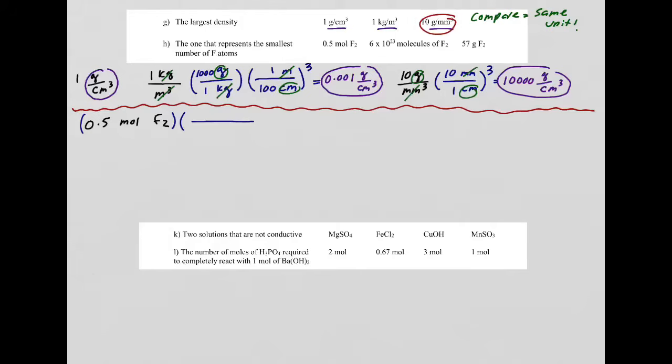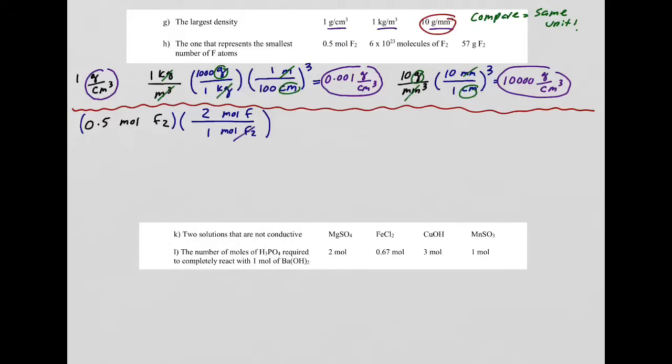Right here, I don't want the moles of F2. What I want is moles of fluorine. What is my mole ratio? In 1 mole of F2, how many F do you have? You have 2 F.